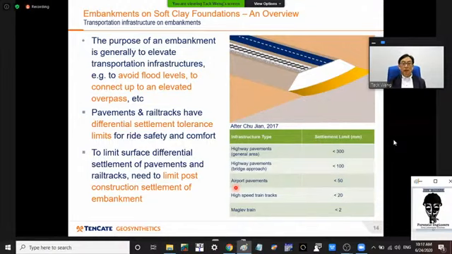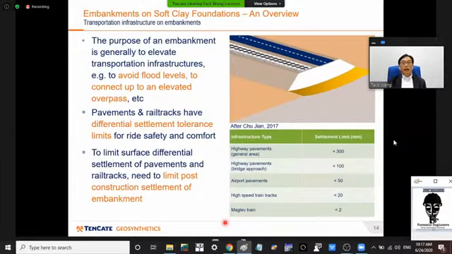Here's a table by Chu Jian that gives you the different settlement limits that are adopted in design. I should note here that as the speed of travel becomes higher, the settlement limit becomes smaller. For example, for high-speed trains, typically you're talking about 20 mm, and in the case of maglev trains, it is even lower, as low as 2 mm.